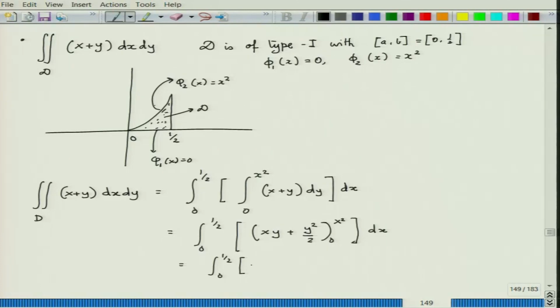The 0 part is gone, so I just have to put x square in: x cube plus x to the fourth by 2, dx. If we integrate it out, this simply becomes 3 by 160 as the answer. So, is the domain D also of type 2? The domain D in this particular case is also of type 2.